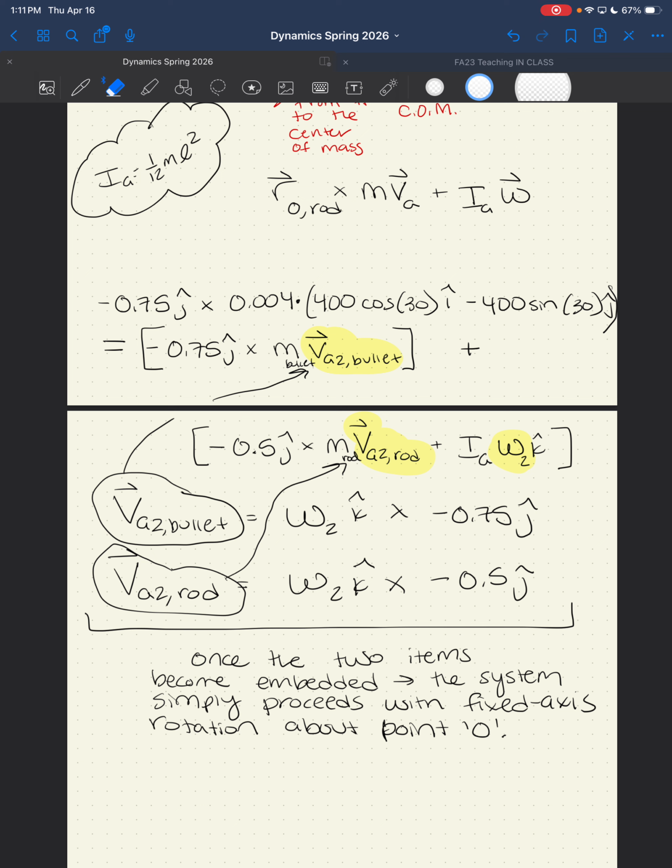Are you saying that this term is tiny compared to this term? Yeah. So the problem is that it's not only going to change the mass of the rod, it's going to change the mass moment of inertia of the rod. So my guess is it would be possible to recalculate the mass moment of inertia with that added particle.